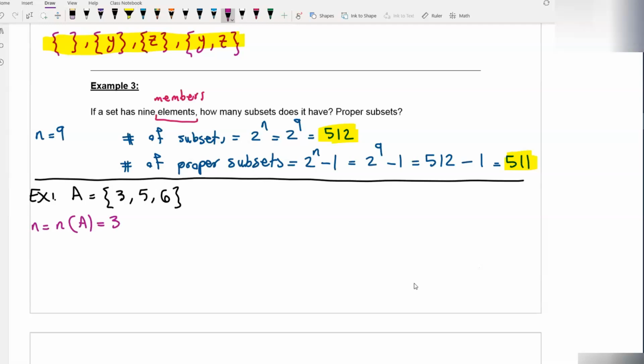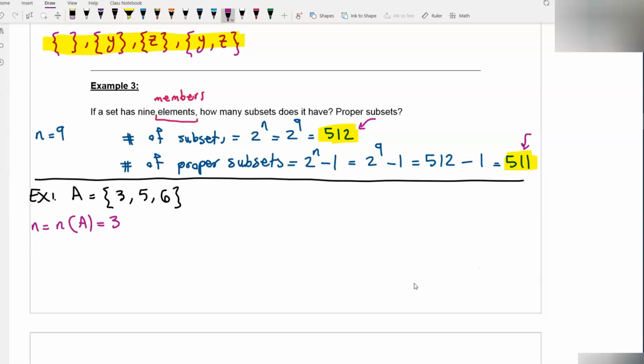Number of elements inside this set. How many members do we have? We have 3 members, so that is equal to 3. I cannot use a set with 9 members. It's almost impossible to write all of these, because here we have 512 and here we have 511.